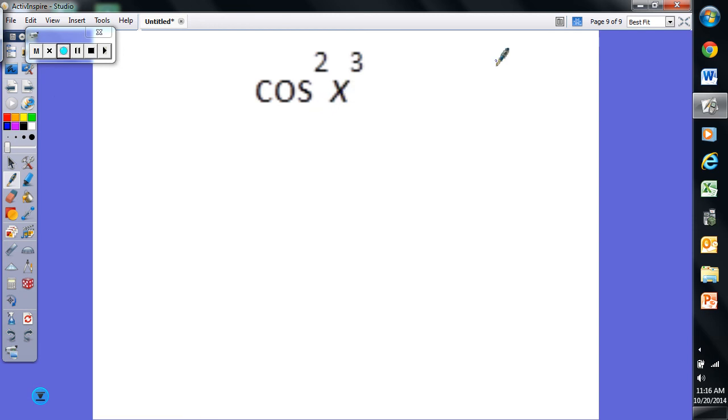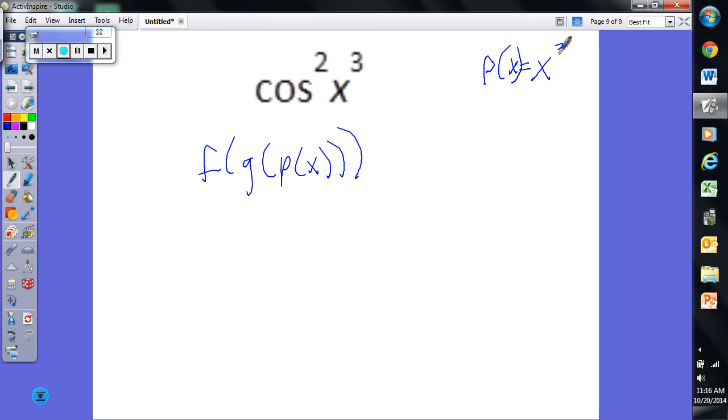So the innermost function, let's say this is f of g of p of x. So p of x is x cubed, and g of x is x squared, and f of x is cosine x.